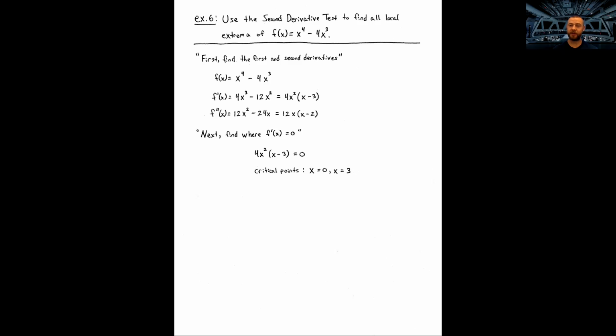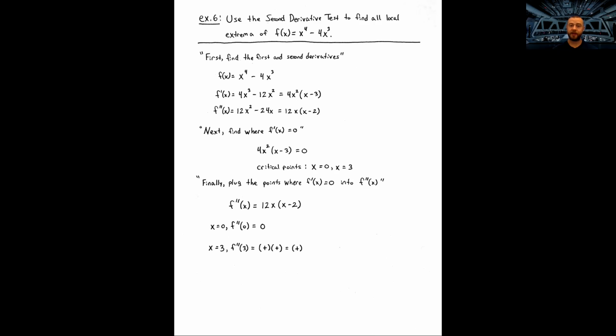Again, there is the possibility to get critical points from where the first derivative is undefined, but our second derivative test, as stated, doesn't apply to critical points where the first derivative is undefined, which doesn't actually happen here, but that's worthwhile to keep in mind. Now with each of these critical points where the first derivative equals 0, we can plug them into the second derivative and check the sign of the second derivative at each critical point.